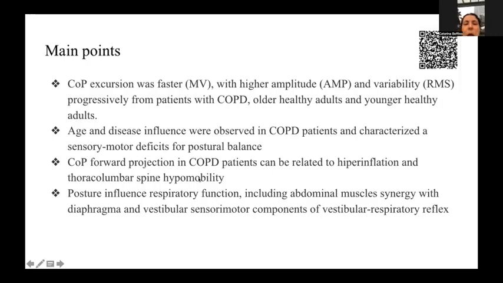Thank you. What we could see is that the COP, center of pressure excursion, was faster with higher amplitude and variability progressively from younger healthy adults, to older healthy adults, to patients with COPD. And the disease influence was observed in COPD patients and characterized as sensory motor deficits for postural balance in these patients.